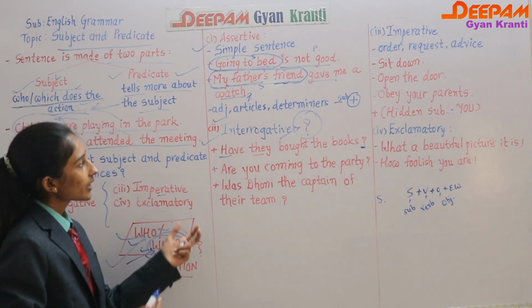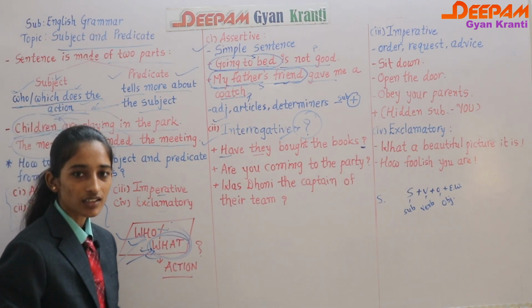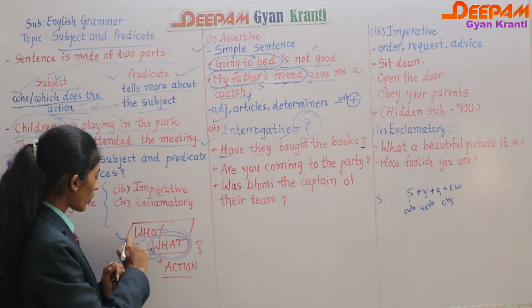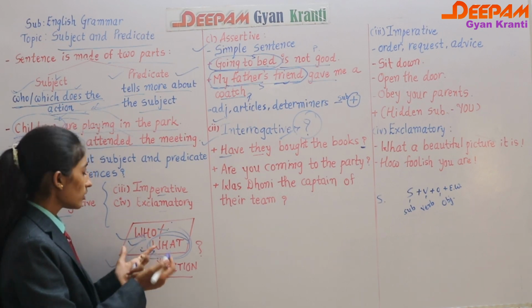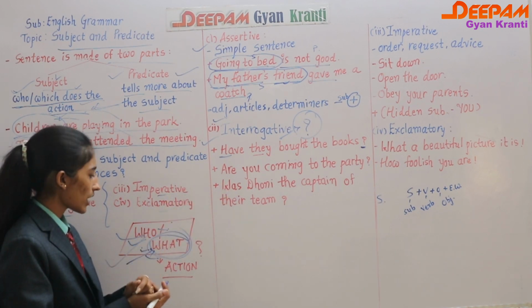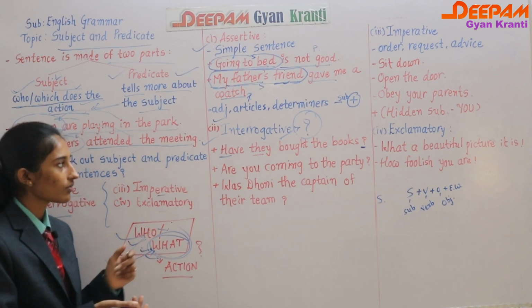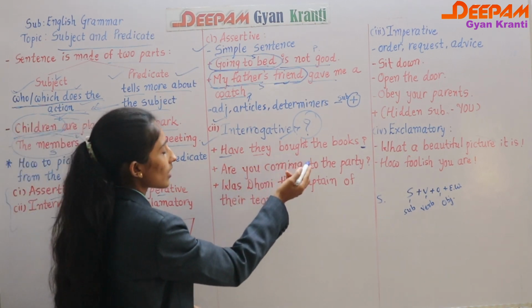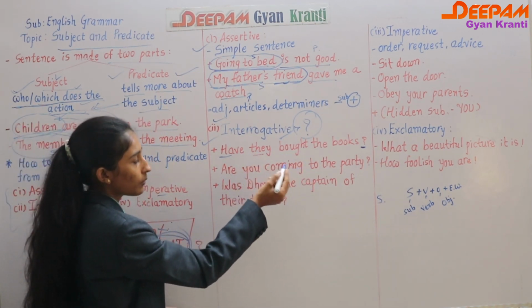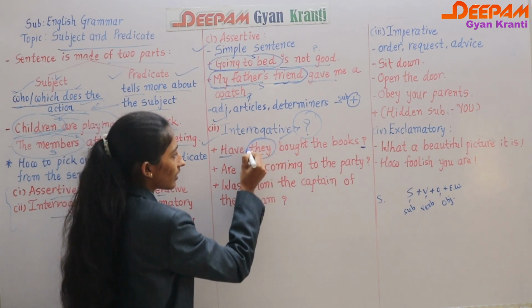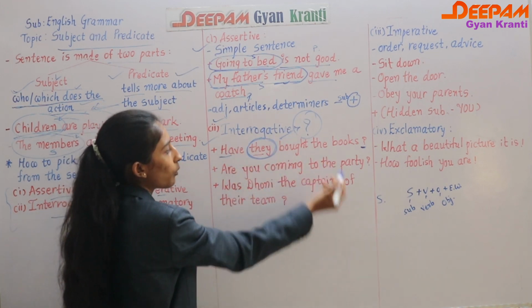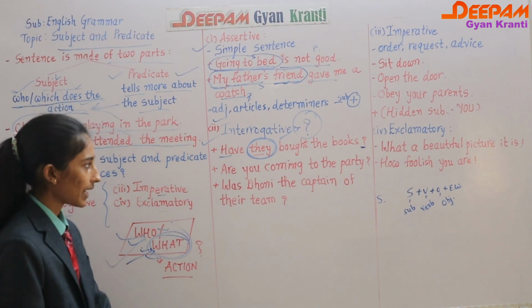Now again, if I want to find the subject, then I have to ask the question with who or what. Since it is a living thing here, I am asking the question with who. So who have brought the books? I get the answer, they. And then have brought the books is your predicate.